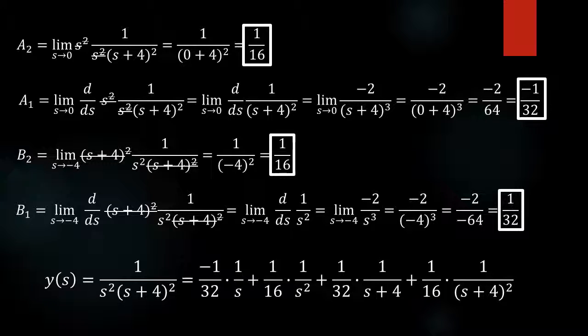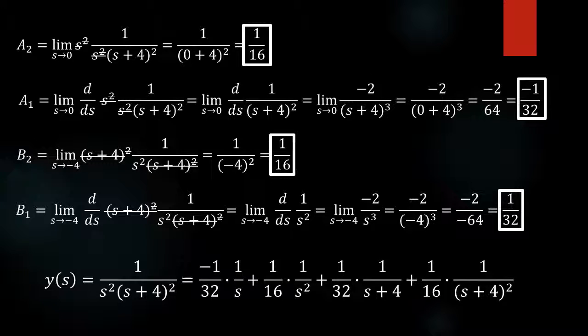Then we want to know the value of A1. We can apply the limit when s tends to 0 of the derivative with respect to s of s² times the partial fraction, and the terms of s² are eliminated. Then we apply the derivative of 1 over (s + 4)², and in the derivative we apply the value of 0 in the letter s, and we obtain that the value of A1 is equal to minus 1 over 32.